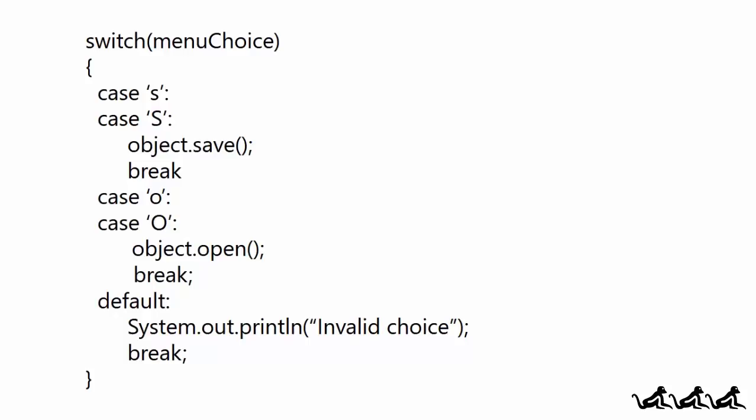So if they entered a lowercase s or an uppercase s, then the save method is executed. If they entered O or uppercase O, the open. If they did not enter either one of those two choices, the default case fires, and we simply output an error message that says you've chosen an invalid choice.